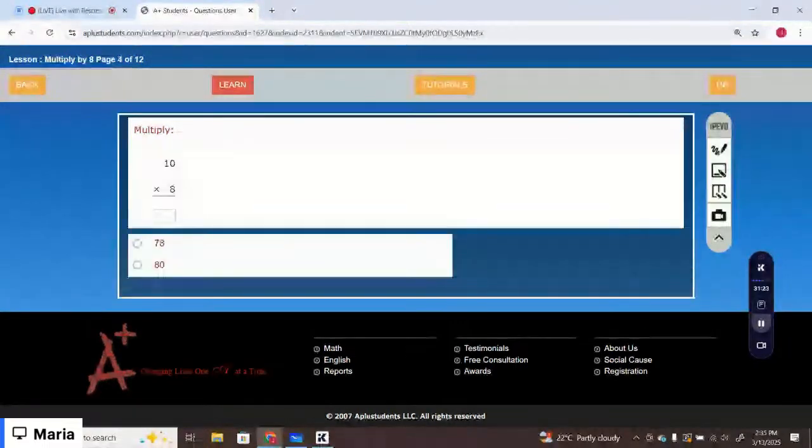10 times 8 equals 80. 4 times 8, which is the correct option? 8 times 4 is 32.